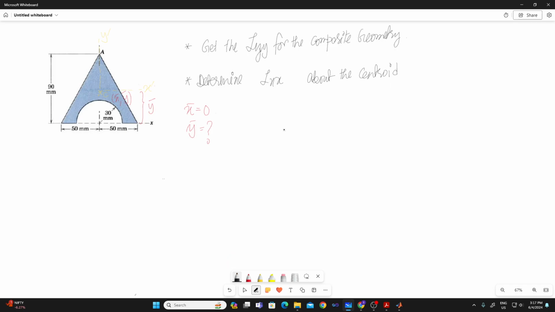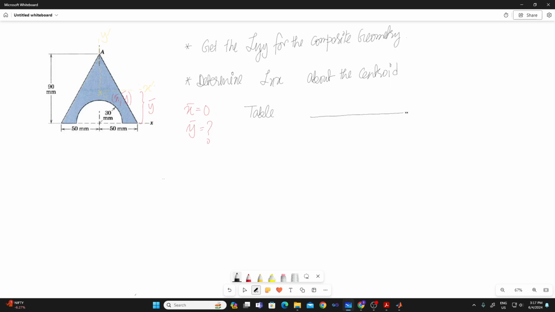Now for the triangle y bar 1, we'll do this using a table.